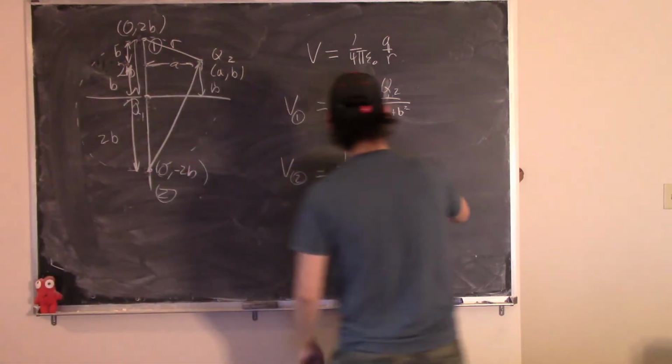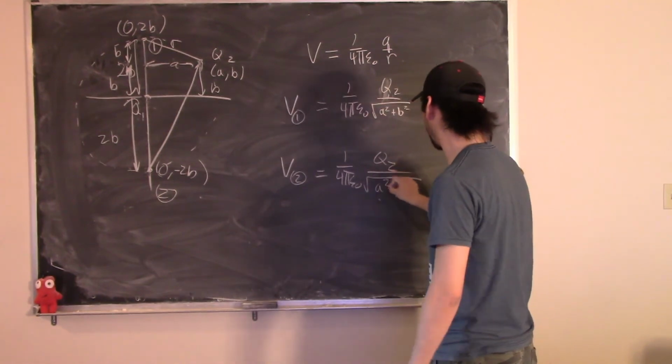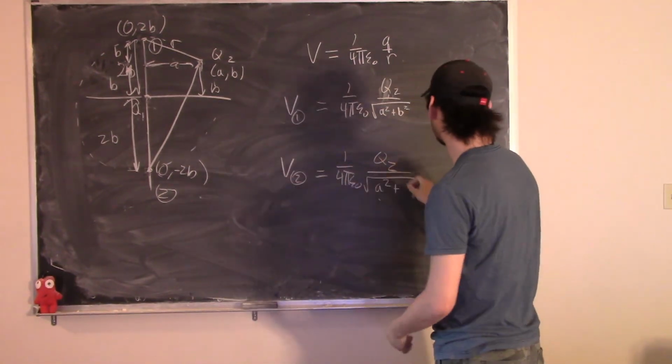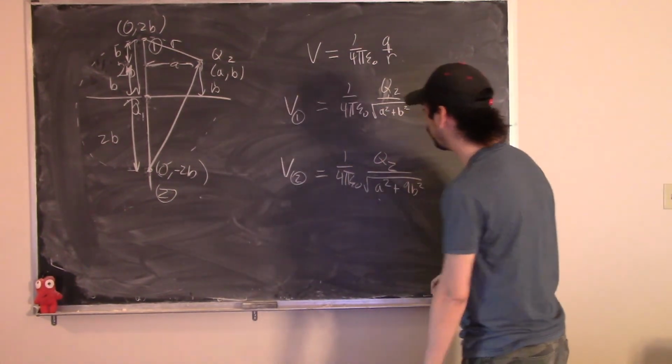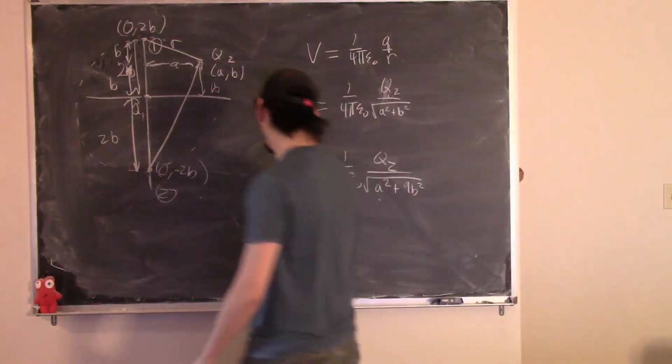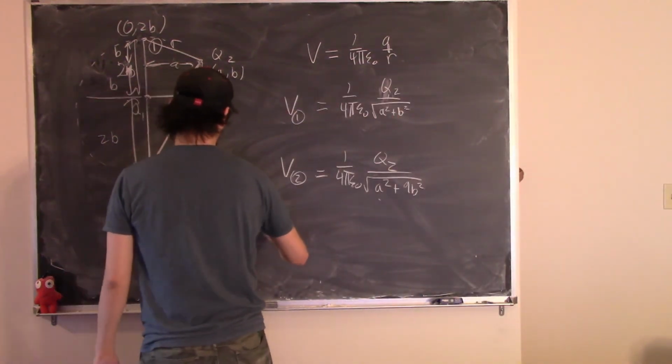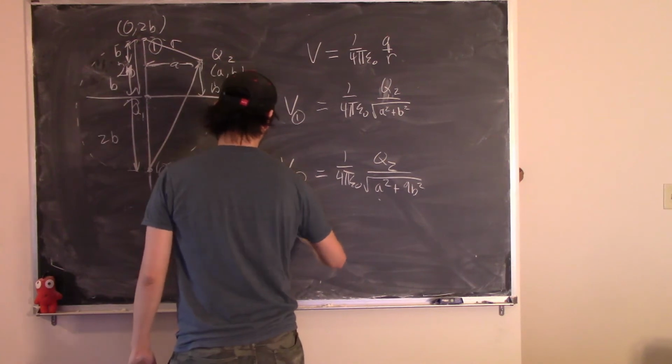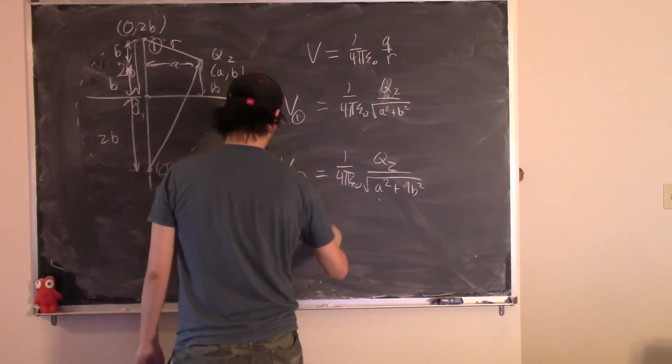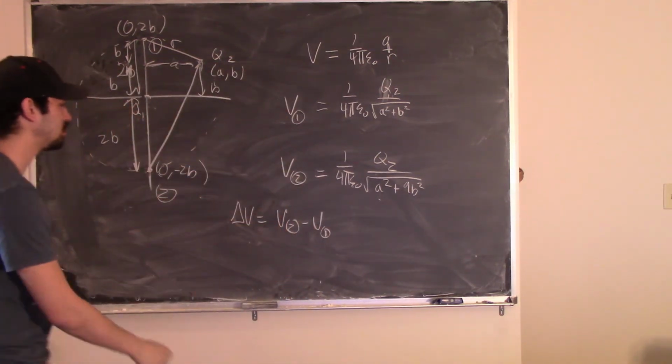So this is the square root of A squared plus 3B squared, which is 9B squared. And now to find the difference in electric potential, we just say that delta V is equal to V2 minus V1, and then we could just take the difference between those.